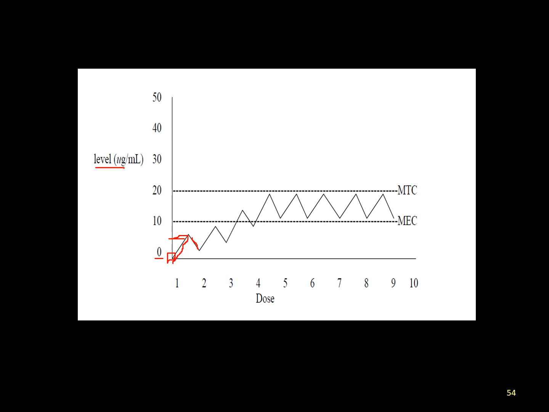But before it's totally gone, you give the second dose. And after the second dose, since they already had some left over from the first dose, the second dose will reach a higher peak, which is now somewhere around here. And then they will begin to metabolize it for excretion. But then, before they get rid of it, you give the third dose.